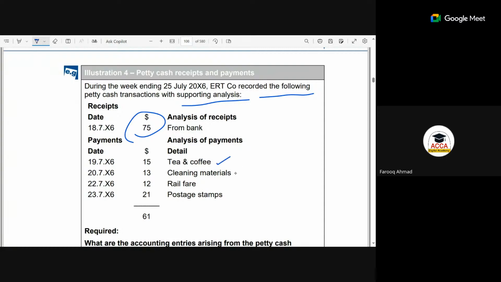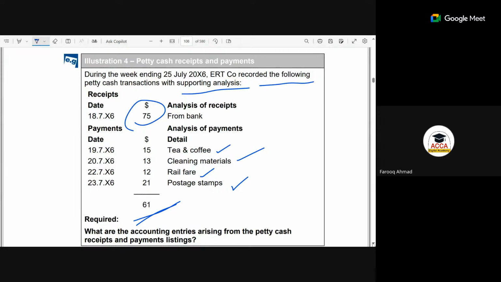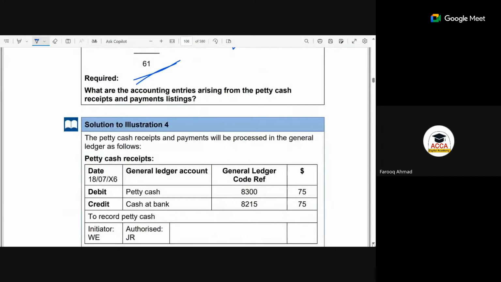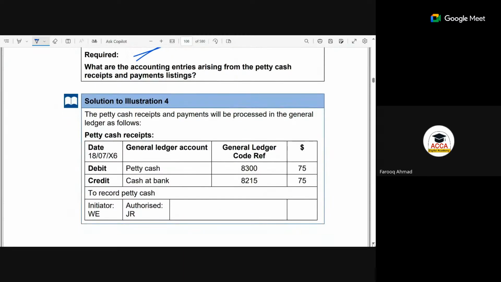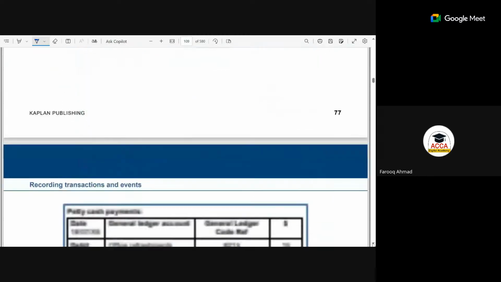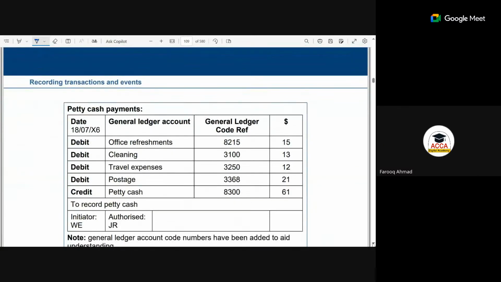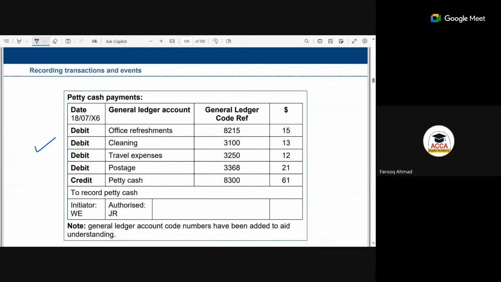Tea and coffee, cleaning material, rail fare and postage. $61 was paid and 75 was in hand, so what will be the balance? $14 will be the balance, which will be carried forward. This is the petty cash payment register, showing how the debit and credit take place.